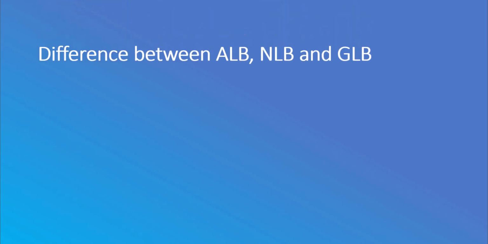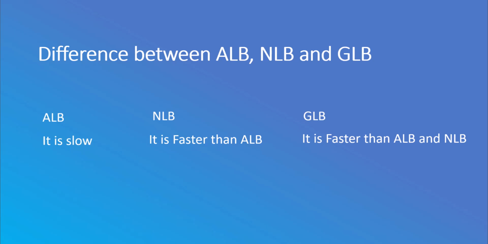The next thing we'll be looking at is the difference between the three load balancers. The first one, the ALB, that's the application load balancer, is slow. The NLB is faster than the application load balancer. When you are streaming and there's a lag, you will not feel comfortable about it. That's why the NLB is fast.